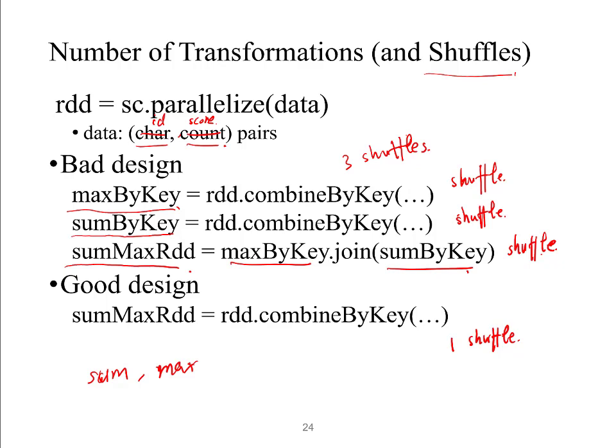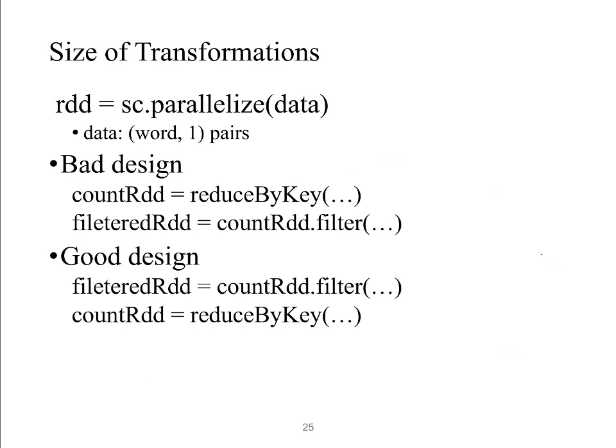So you need two transformations, but actually you can do it in one transformation where you lowercase the string and take the first three characters. In this case, you only need to scan the whole data set once instead of twice. So this is an example of how to reduce the number of transformations and also the shuffles.